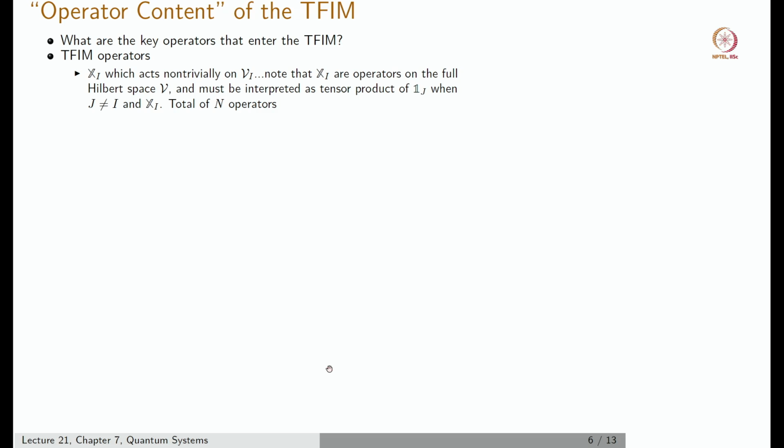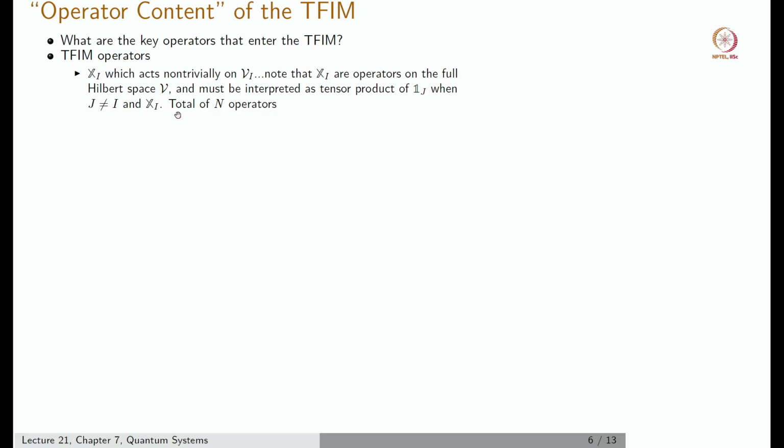If you look at the transverse field Ising model, you will see that the xi operator acts non-trivially on a qubit i. So this xi will act non-trivially only on qubit i. If I act xi, it will not act on j, it will act trivially, meaning it just gives an identity action on the qubit j, where j is not equal to i.